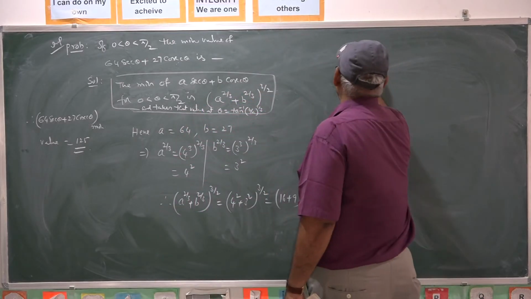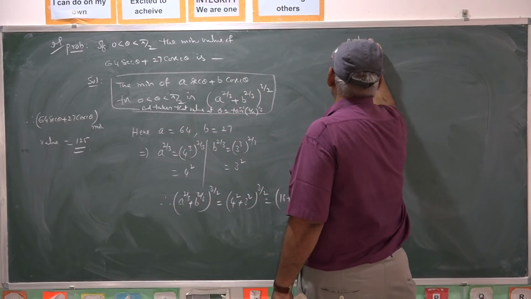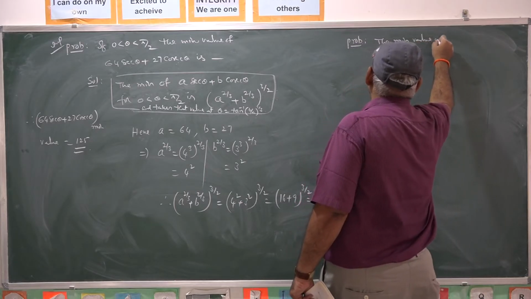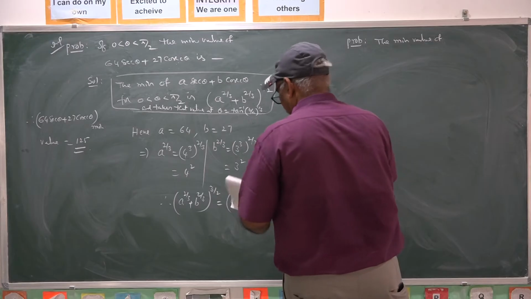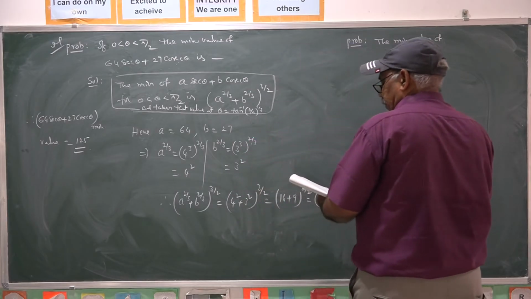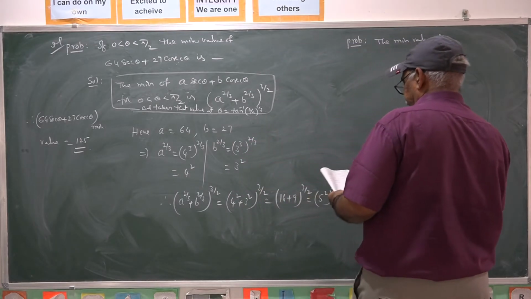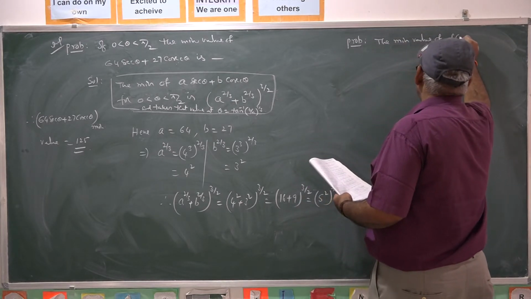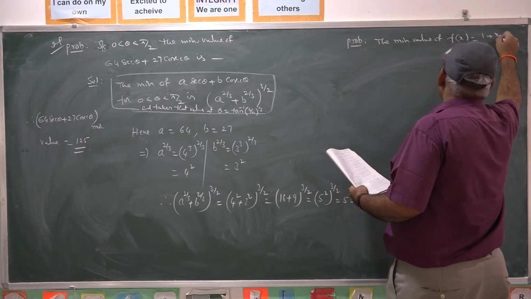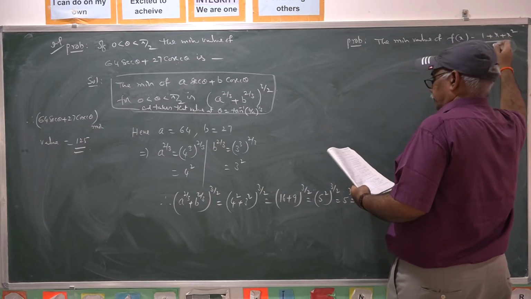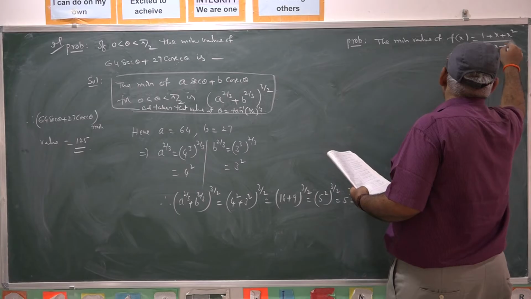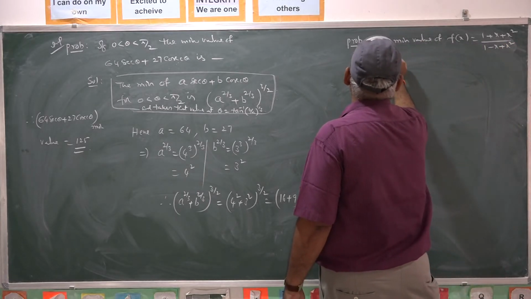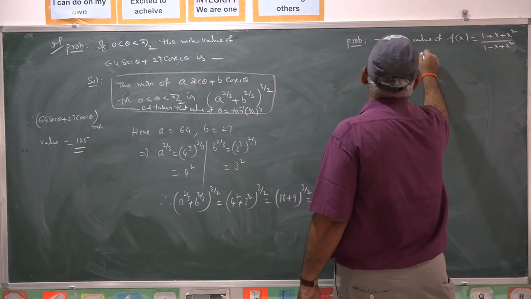Next problem. The minimum value of f(x) equal to (1 plus x square) by (1 minus x plus x square) occurs at x equal to what?